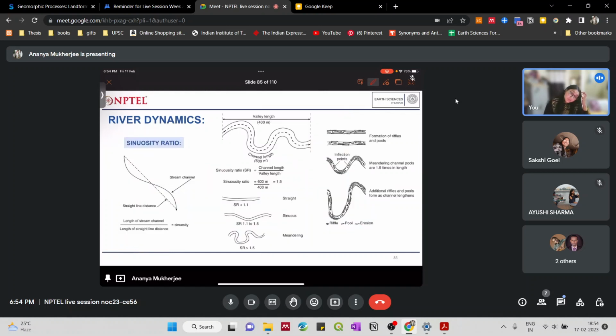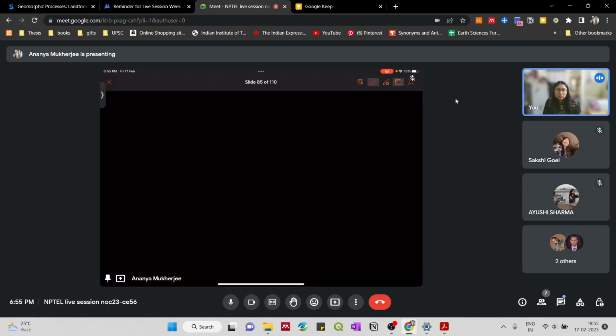Now we come to another factor that is affecting the middle course of the river. That is the river sinuosity. A river can be straight, it can be slightly curved, or it can be very much curved.